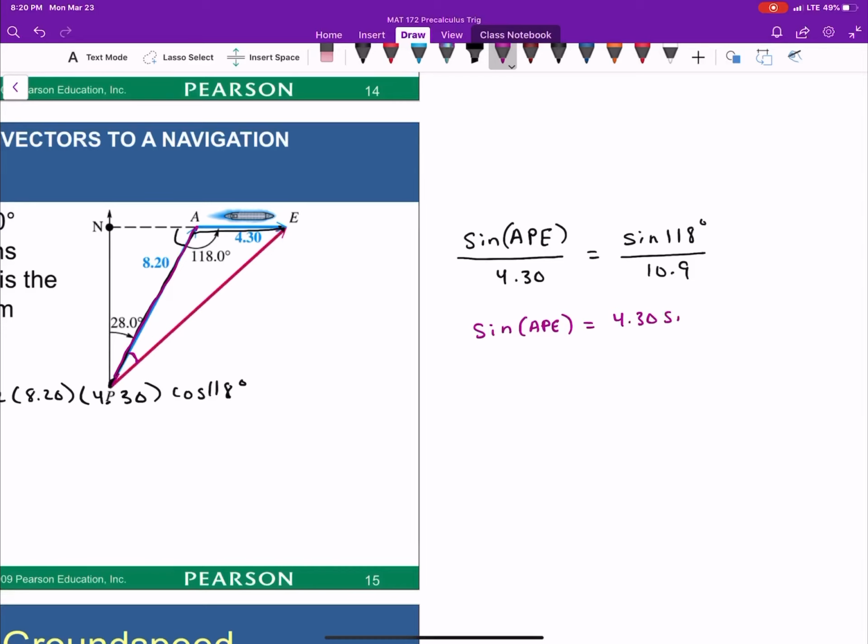So we have the sine of APE is equal to 4.30 times the sine of 118 over 10.9. Now let's put this in the calculator. We've got to make sure we put this in the calculator correctly.